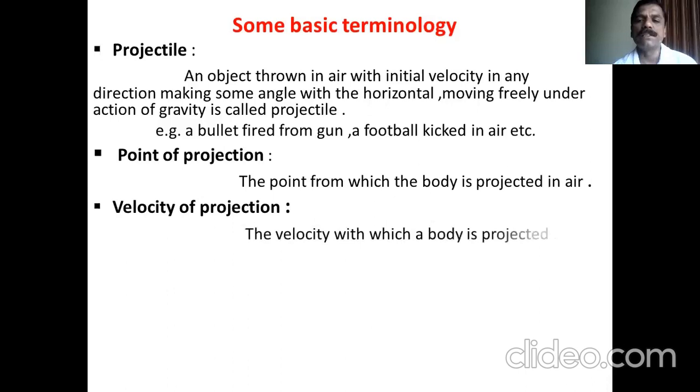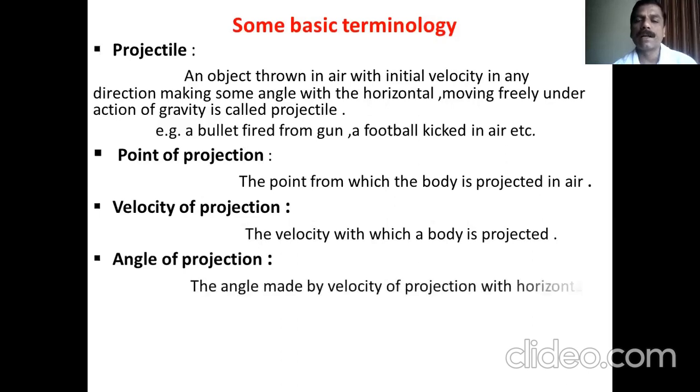The velocity with which a body is projected is called the velocity of projection. Angle of projection is denoted with theta. It is the angle made by the velocity of projection with the horizontal.